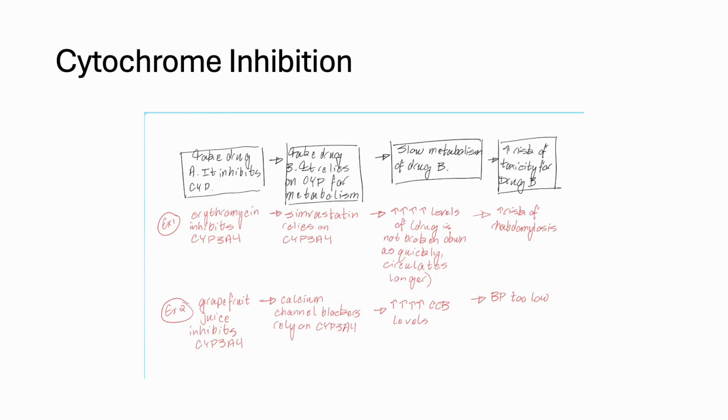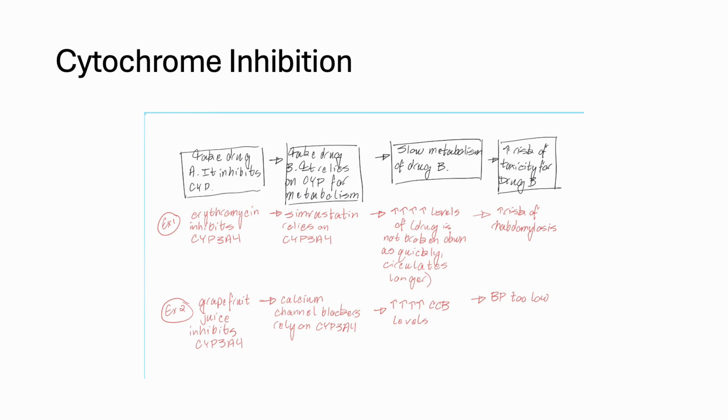What's going to happen then is you are going to have a slow metabolism of drug B. It's not going to be taken apart and made inactive at the same rate as it normally would or should. And that means you have more active drug floating around in the bloodstream of drug B. And so you have potential toxicity of drug B.